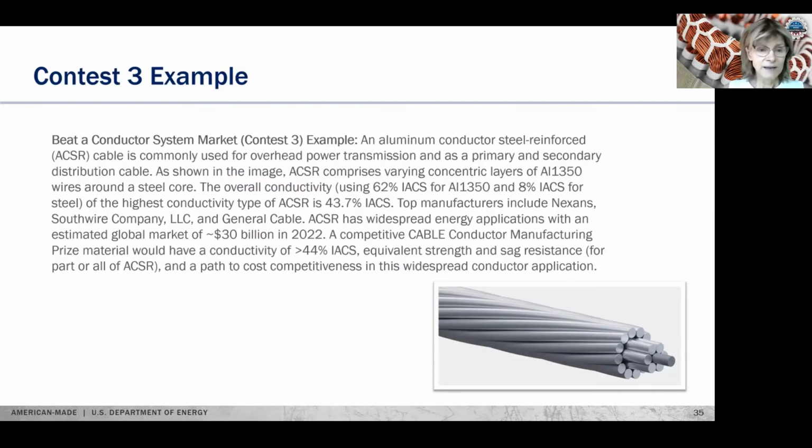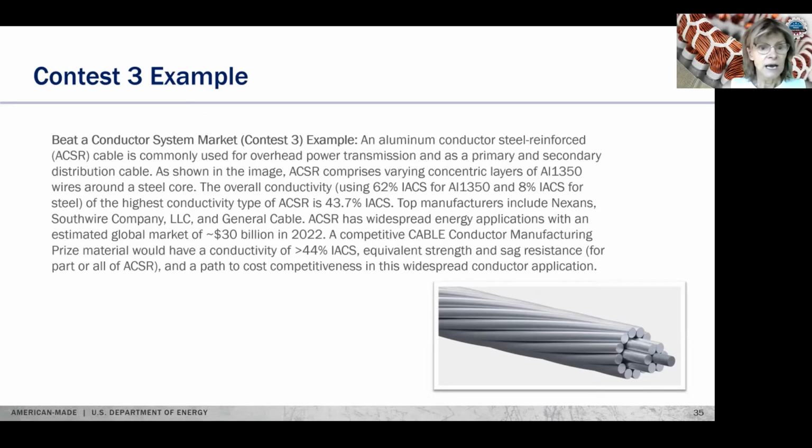So speaking of ACSR, it is an excellent example of a widespread conductor system because it is the number 1 conductor system for millions of miles of overhead power lines, with estimated sales exceeding 30 billion worldwide in 2022. In addition, this huge market is likely to keep growing as the US needs to triple its transmission lines to meet its zero carbon grid goals by 2035.